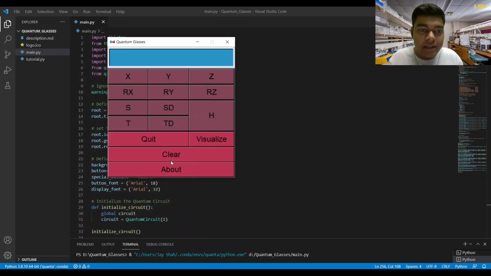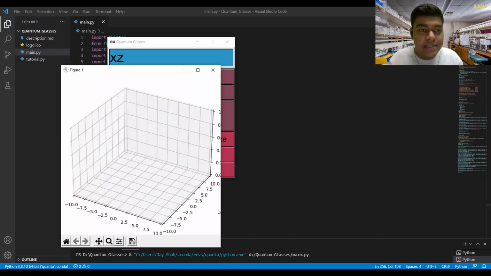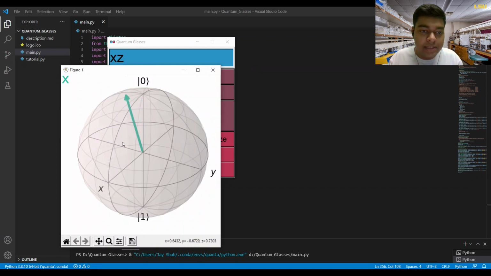So let's try the other way around now. I apply the X gate first, the quantum NOT gate, to change the state of the qubit from the 0 ket to the 1 ket, and then I will apply Z. This is equivalent to applying the Z operator on the 1 ket. Now let's visualize. First we will see the X gate take this qubit from state 0 ket to state 1 ket.